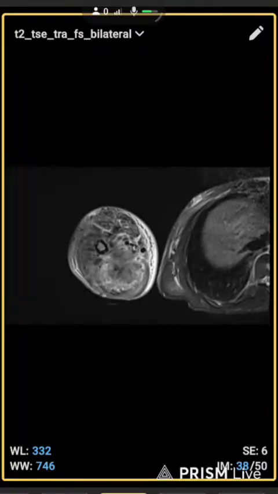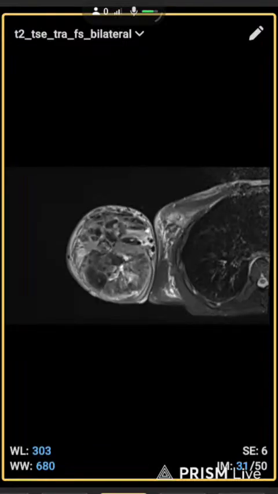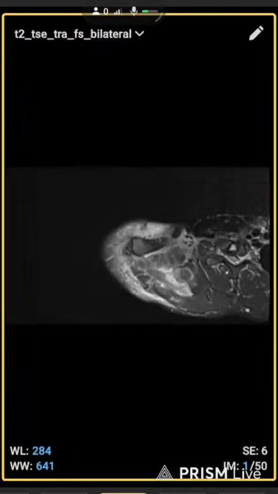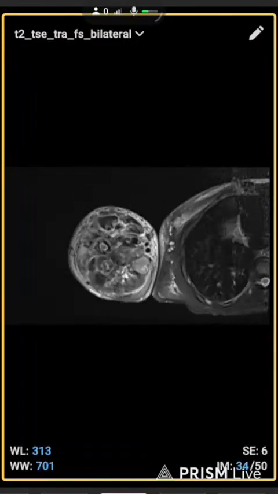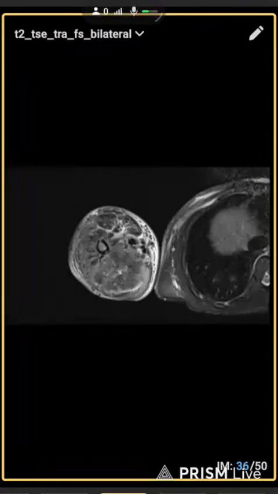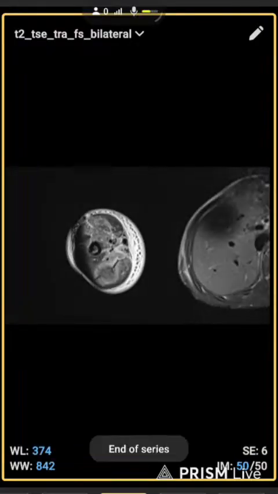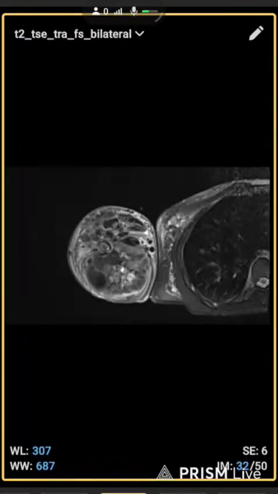You can see this is the T2FS sequence. So at this point it works well, but after the FOV was increased, it's not showing properly, it's showing a different artifact, signal loss.